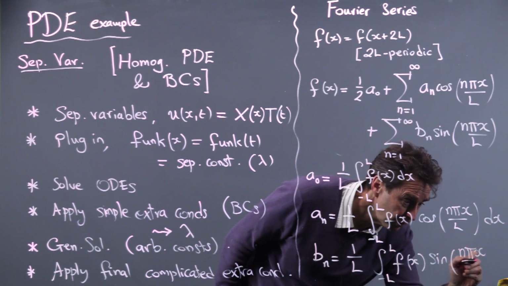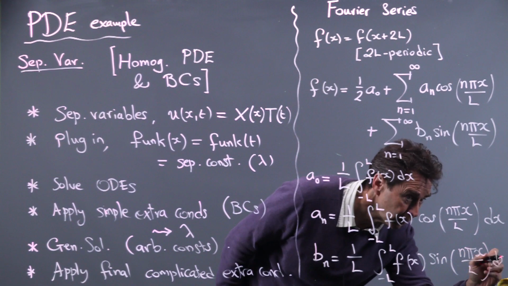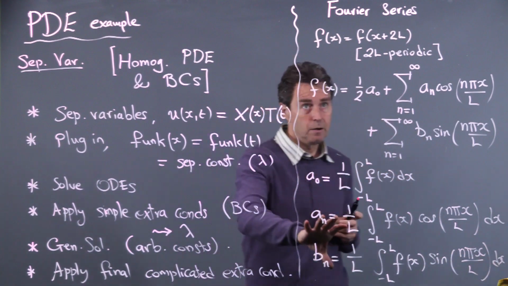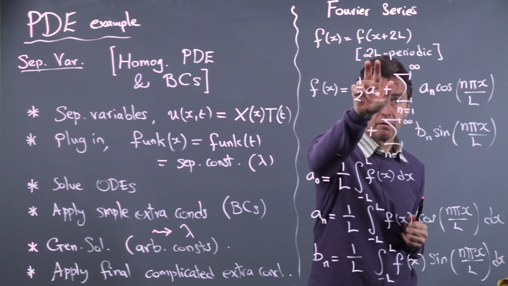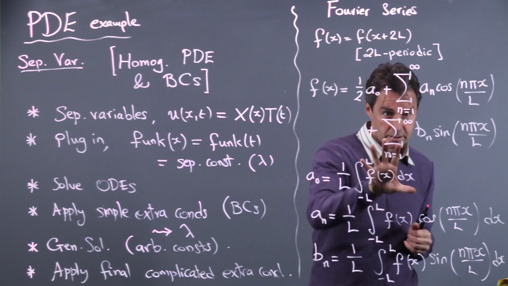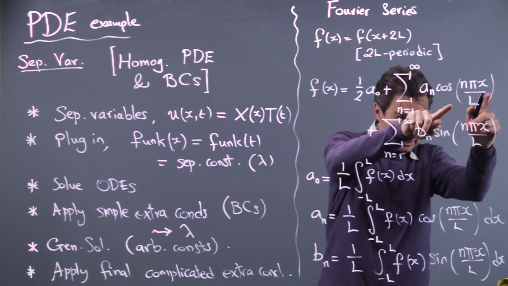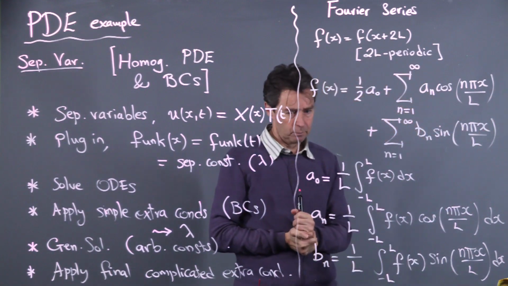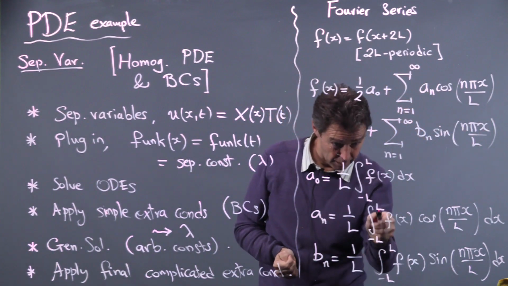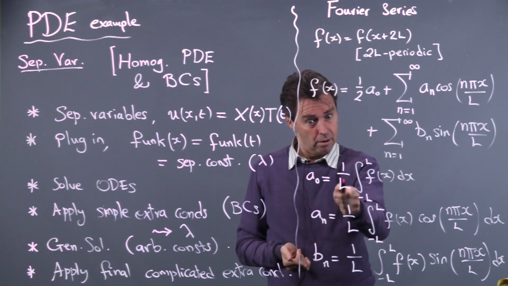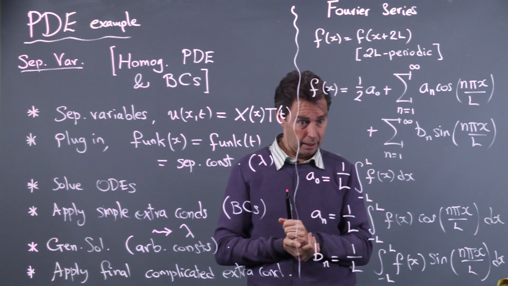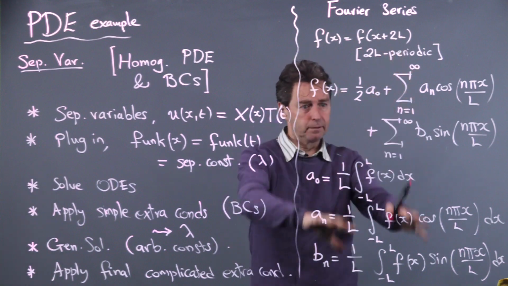What I've done here is write down the general formulae for arbitrary periods. So my period is twice big L, and as a result, the cosines and the sines have this argument n pi x over big L, and I'm integrating from minus L to big L, and I'm dividing by this half period, big L. Right, so that's the Fourier series.